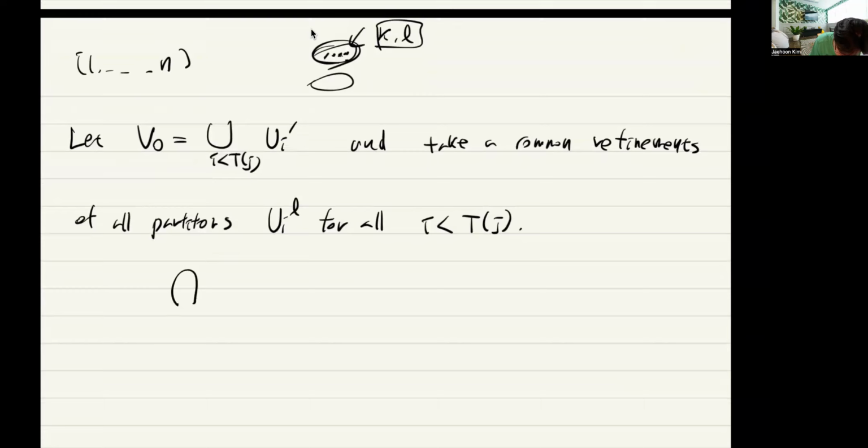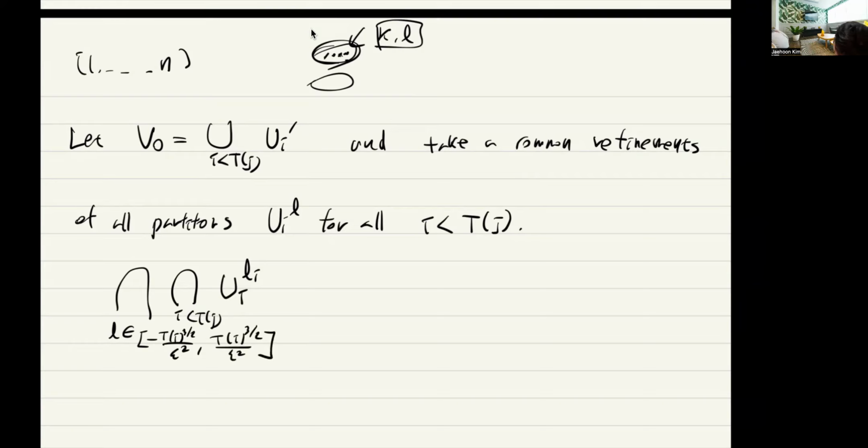In other words, we take the intersection with i, say l_i, for i is 1 to Tj, and we consider all possible l sequences, which is from negative T, say, to T, say, minus 1.